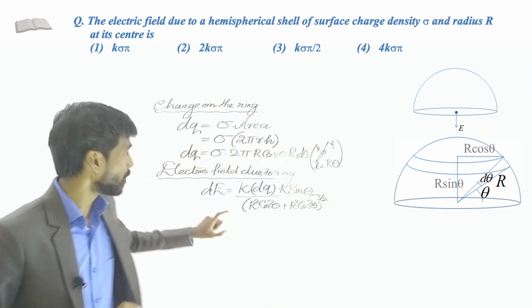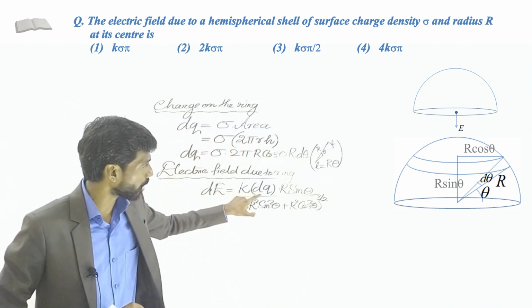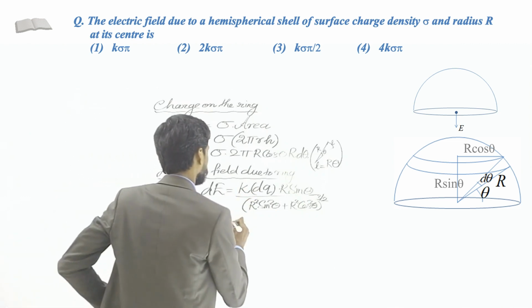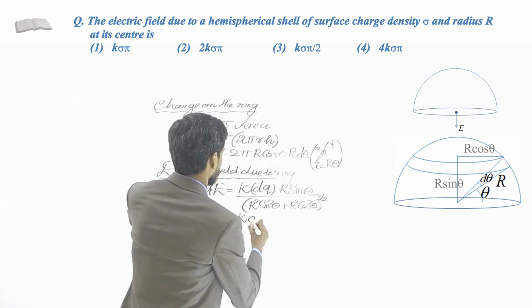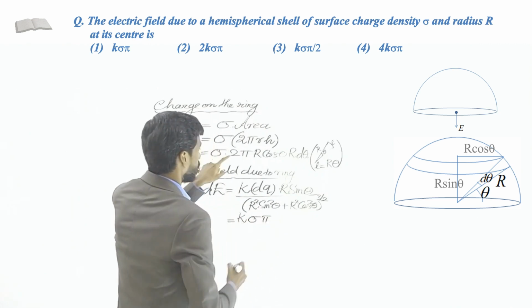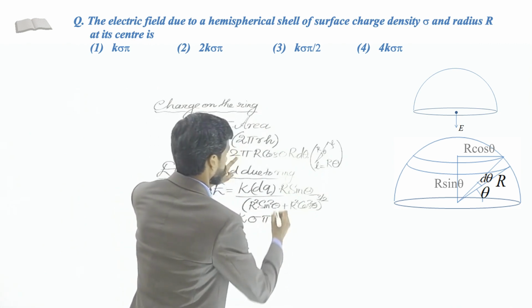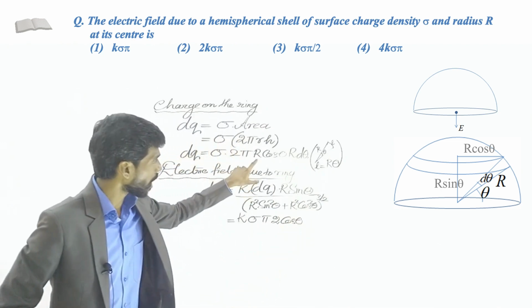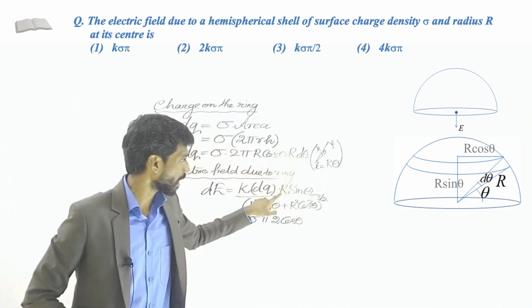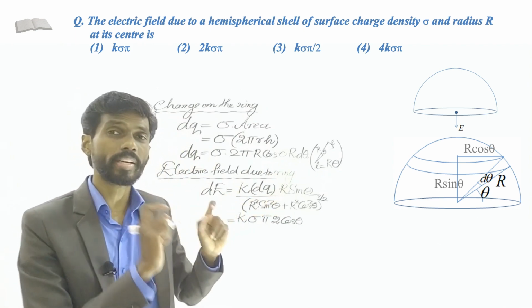Now we have to simplify this after substituting the dq value here. So what do you get? So k, dq here is sigma 2 pi cos theta d theta. See here this r value, r times r squared, again r cubed. So we have in the numerator r cubed.